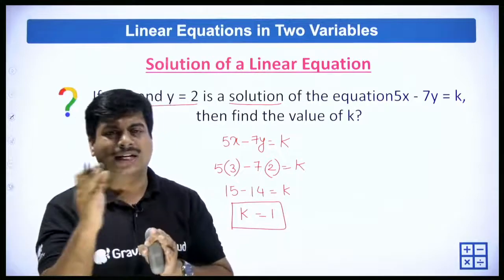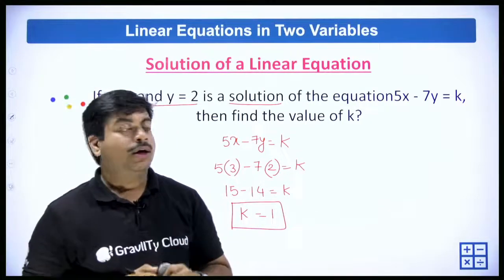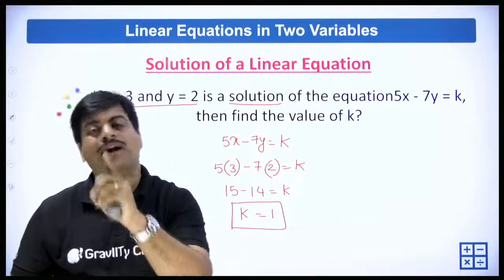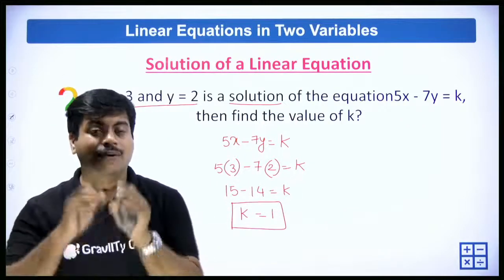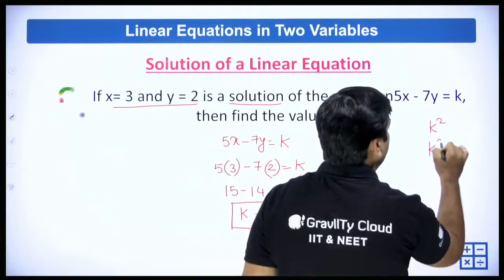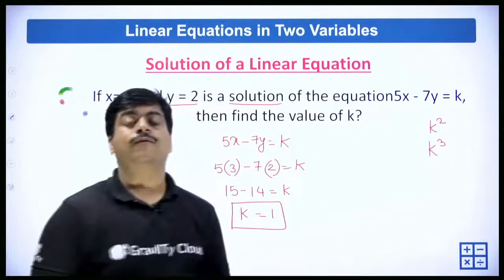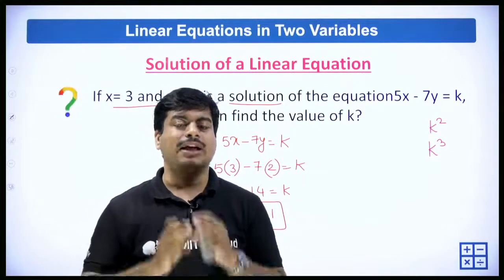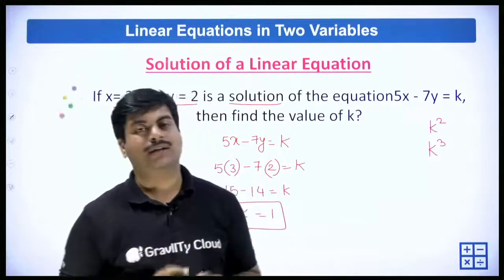You know what is square and cube, correct? As we have linear terms, we have only one value of k. If you have k square or k cube, then your number of solutions will definitely be different, not one.